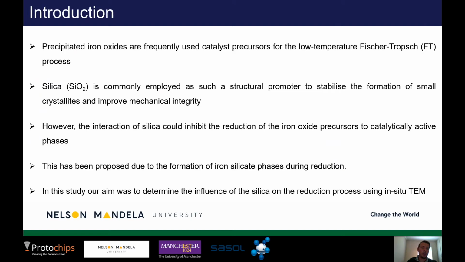From other non-direct characterization techniques, it seems to point towards the formation of iron silicate phases during reduction. It was our aim in this study to look at this in a little more detail by combining other in-situ techniques such as in-situ XRD with in-situ TEM to get a complete picture of the mechanism of reduction of these catalyst precursors.